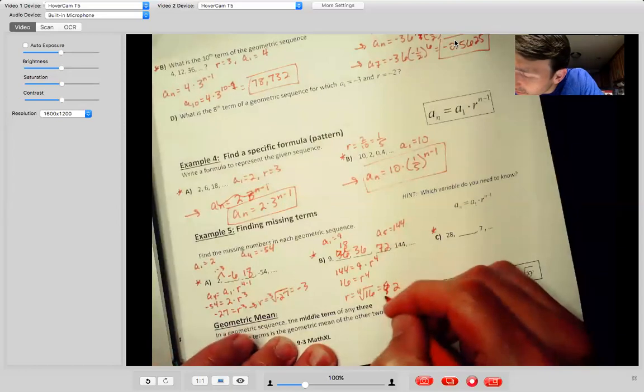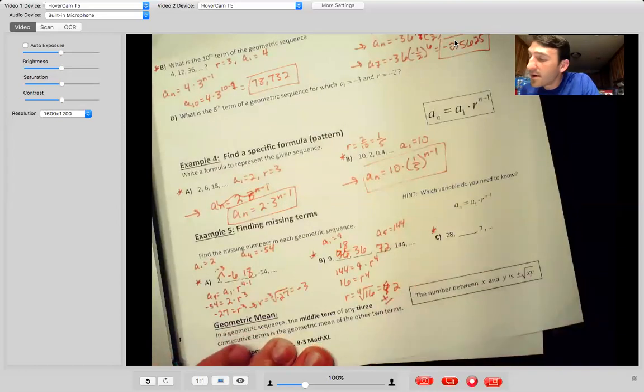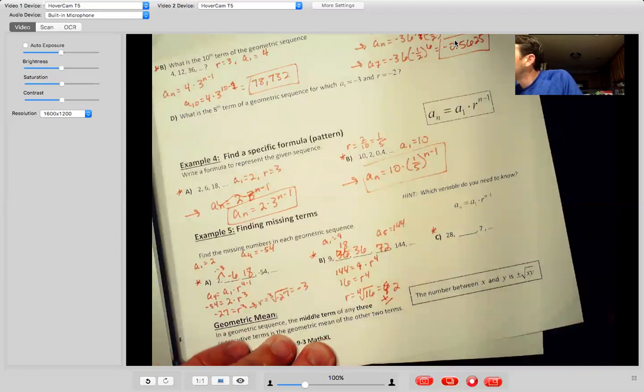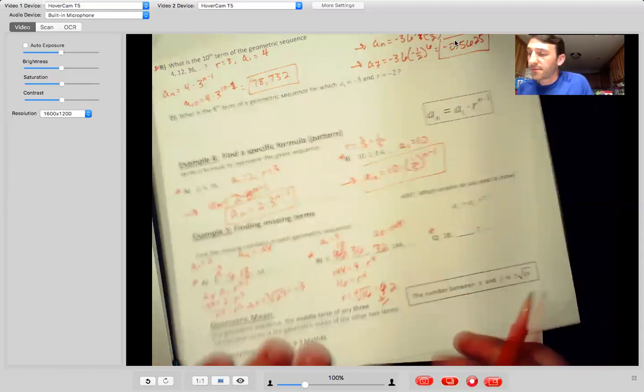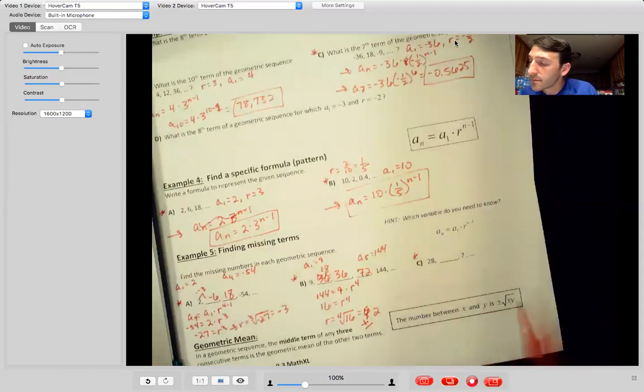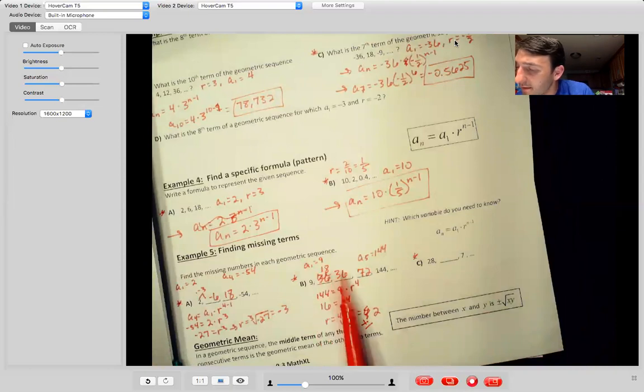This technically should be plus or minus 2, and then we just assume that it's positive because these are all positive. Is that right? Yeah, it could have been negative. Let's just make sure. If it was negative, that'd be negative, positive, negative, positive. So technically on this one, it could be negative 2.